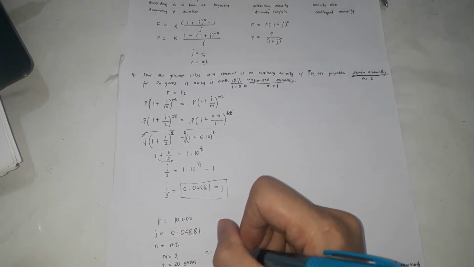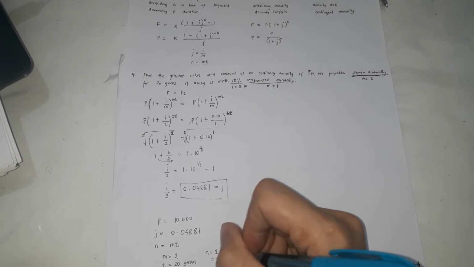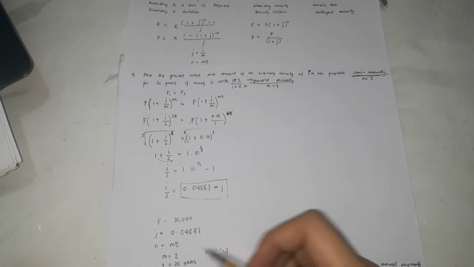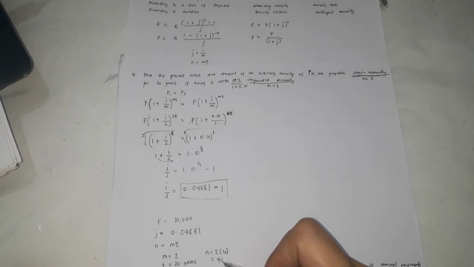So n is equal to 2 times 20, which is equal to 40. m is 2 because semi-annually, for 20 years. So the number of payments you're going to have is 40.